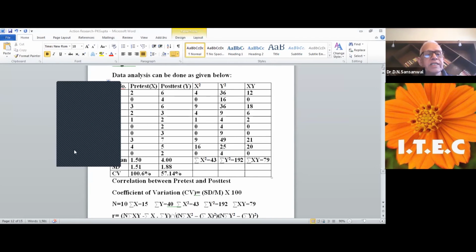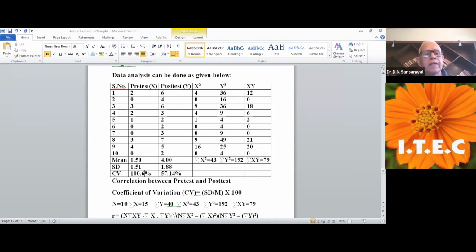For this it is 1.88 divided by 4 and multiplied by 100. It is 47%.